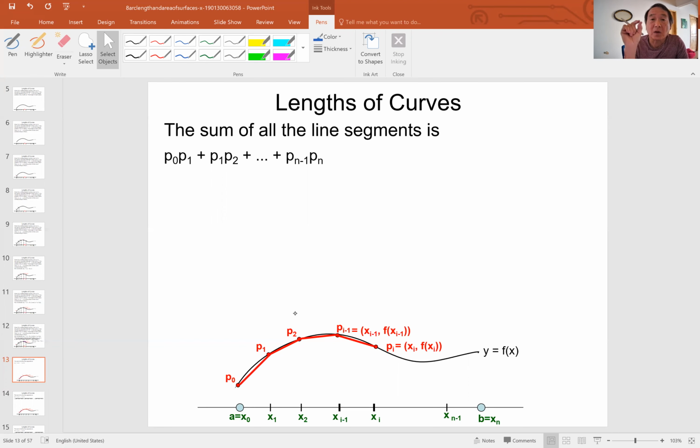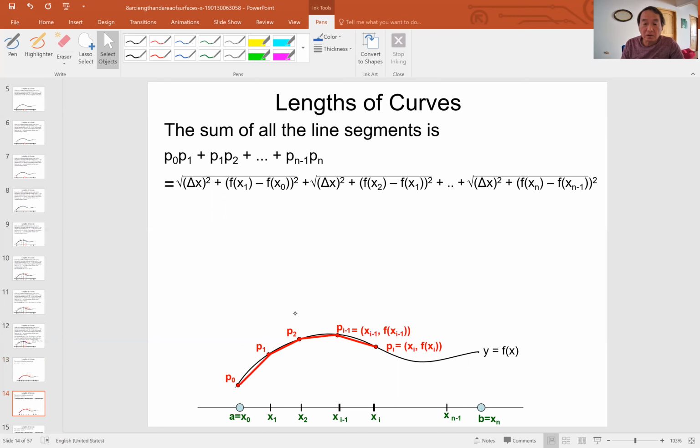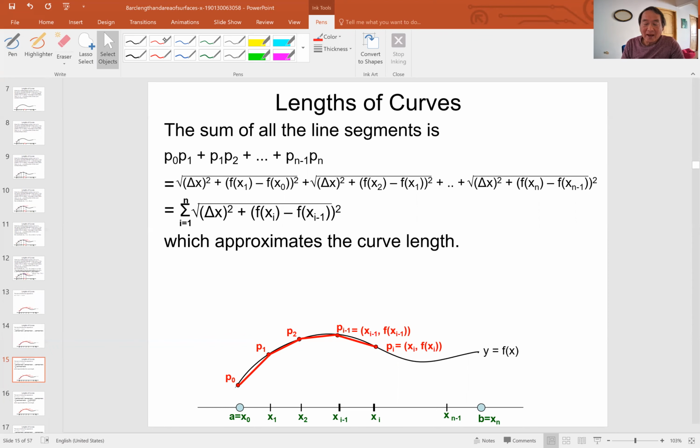The points get closer and closer, and we apply the fundamental theorem of calculus to change the summation to an integral. So we're adding up these lengths. Each square root is the length from one point to the other, and we want to add them.